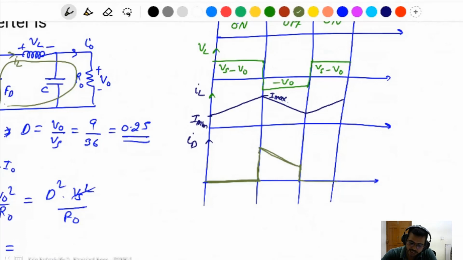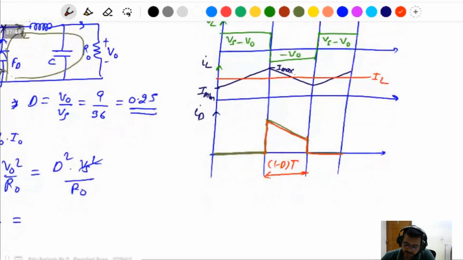Then what is the average current? This is the average current of IL. When the switch is on, this will be 0, then when the switch is off, the diode current is present for 1 minus D times the time period.